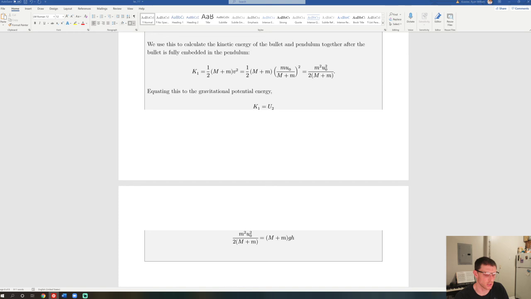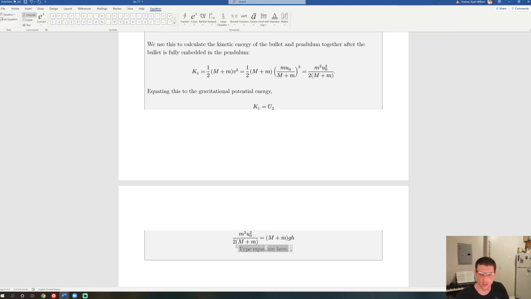We want this for U. And I am finding that the speed that the bullet must have been traveling at is the square root of 2gh, and then here we have big M plus little m over m.